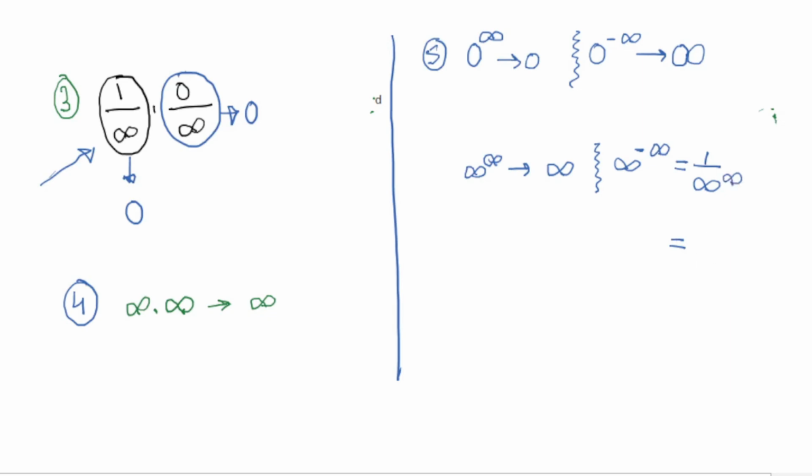So 1 upon infinite power infinite, that is 1 upon infinite power infinite, and we have seen infinite power infinite is infinite, so this is basically 0. Okay, now complete.